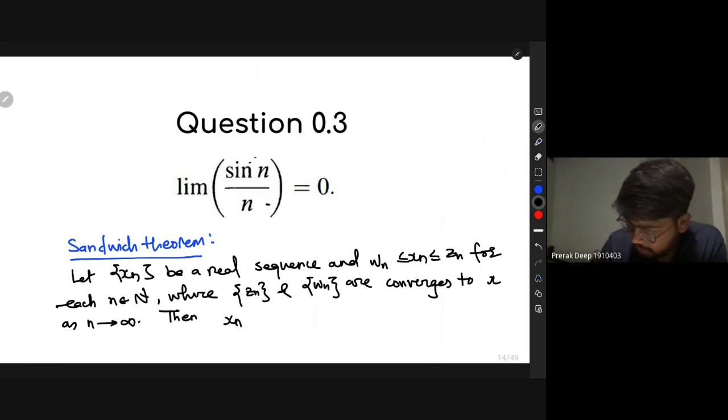Then xn also converges to x as n tends to infinity.